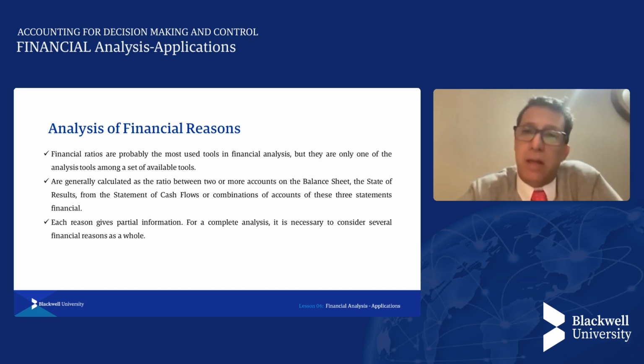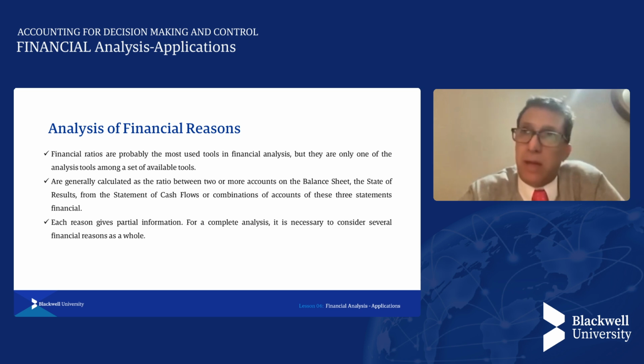In this sense, financial ratios, as mentioned here, are probably the most commonly used tools in the financial field, but they are just one of the possible tools among a set of alternatives that are available. Typically, these ratios are calculated as the quotient between two or more accounts from the balance sheet, the income statement, the cash flow statement, or combinations of accounts from these three financial statements.